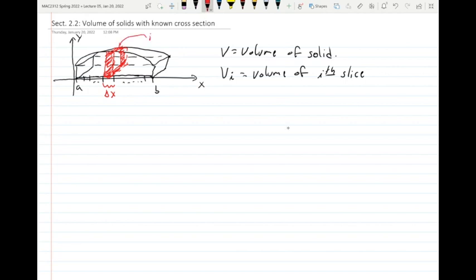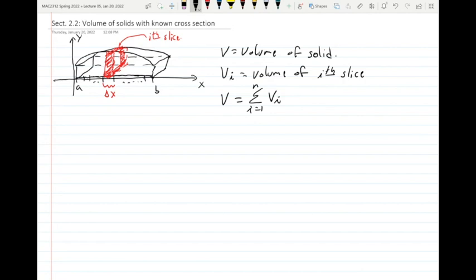So this is what I mean by the ith slice. With this notation, it's clear that V is equal to the sum of these volumes, okay? Now, of course, the point is that we don't really know the volume of this slice either, okay? So what we can do is approximate this volume.